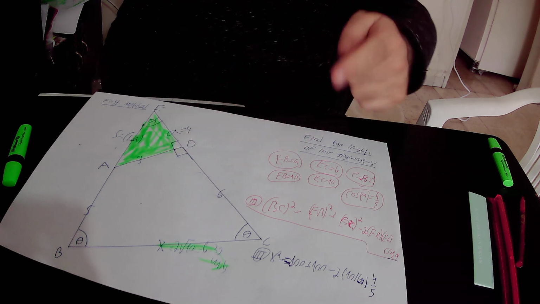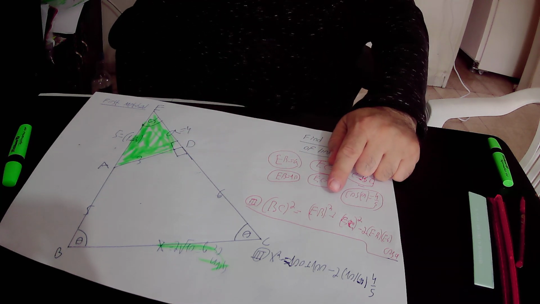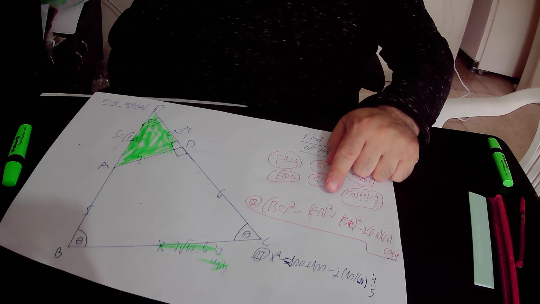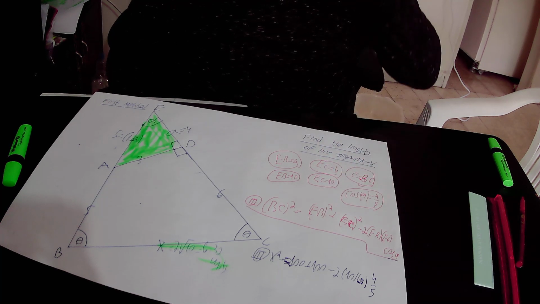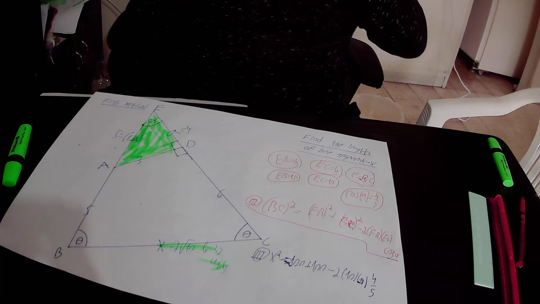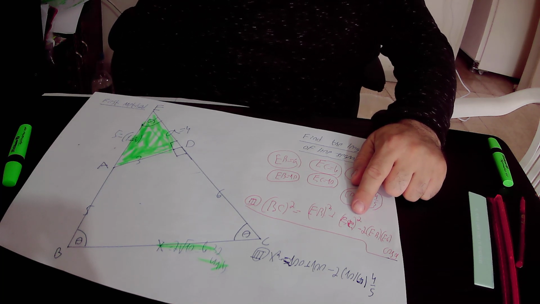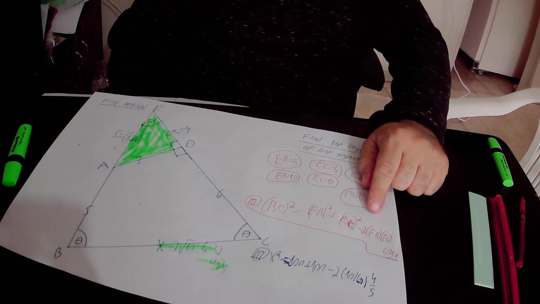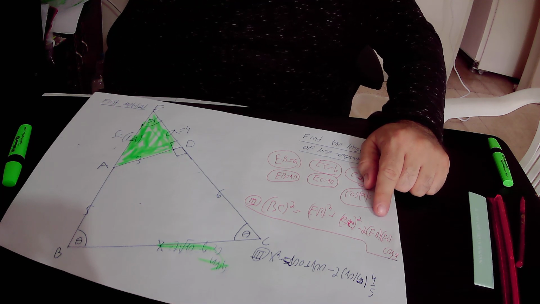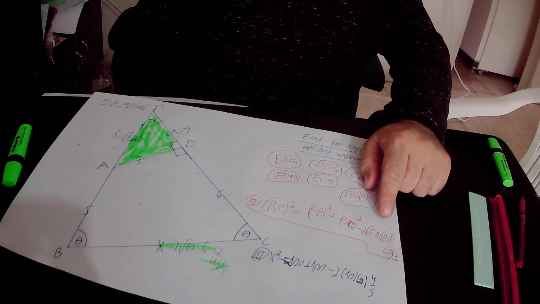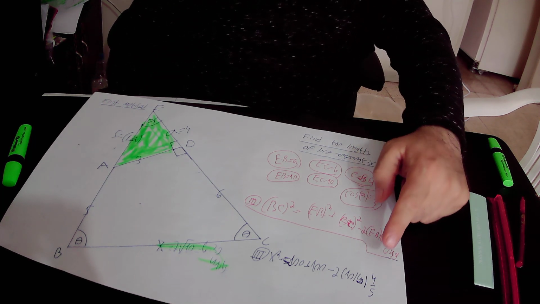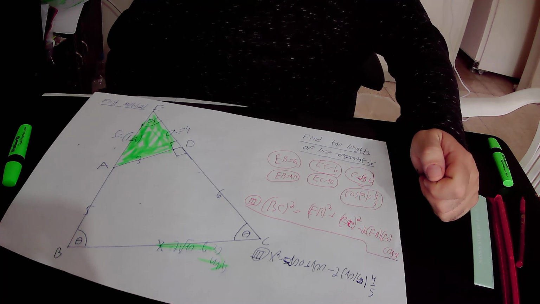BC equals x, so BC squared is x squared. EB equals 10, so EB squared is 10 squared, that is 100. Here EC equals 10, so EC squared is 10 squared, that is also 100. Minus 2 times EB is 10, and EC is also 10, times cosine alpha. Cosine alpha is 4 over 5.